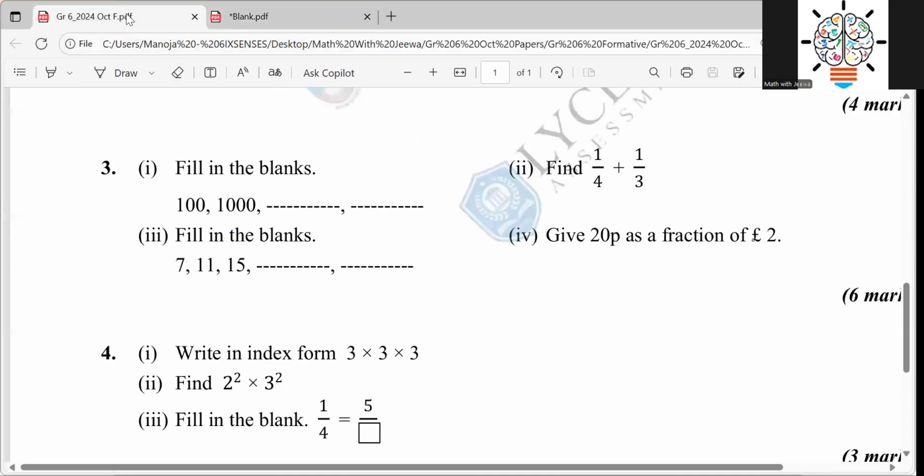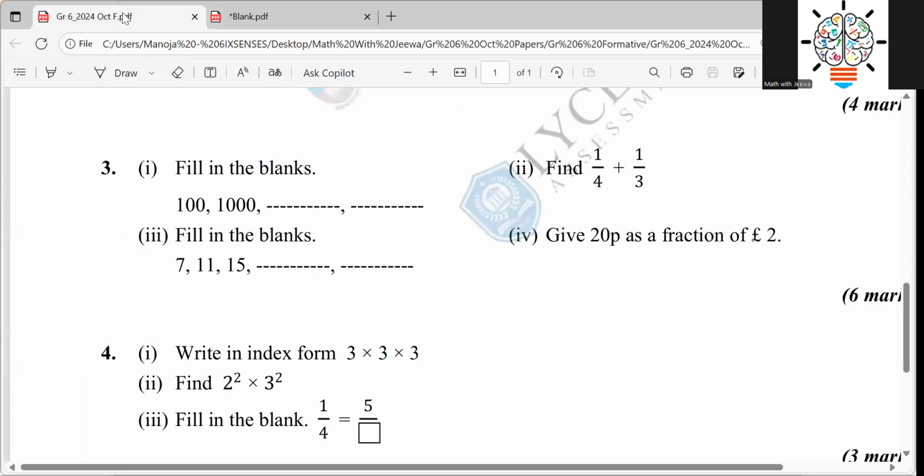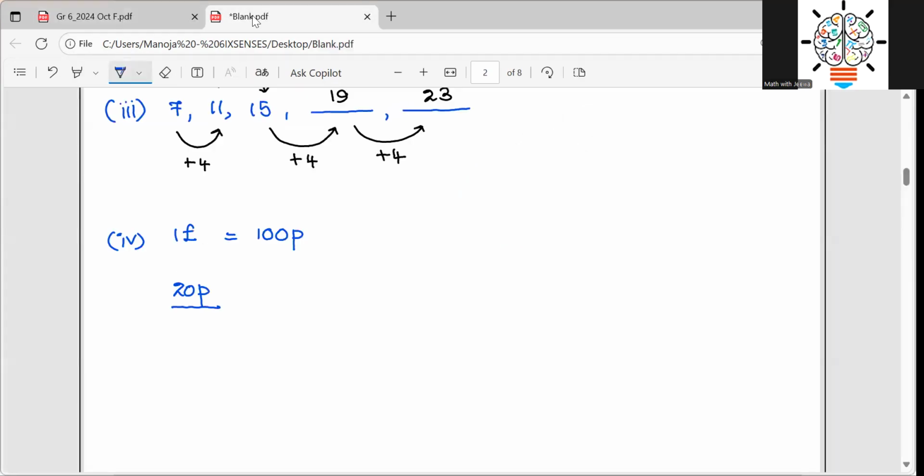And they are asking us to write 20 pence as a fraction of 2 pounds. So we want to write it as 2 pounds. If 1 pound is 100 pence, then 2 pounds will be 200 pence.